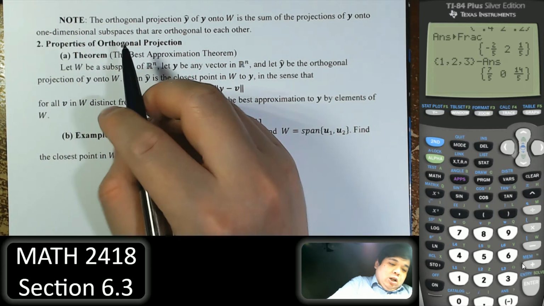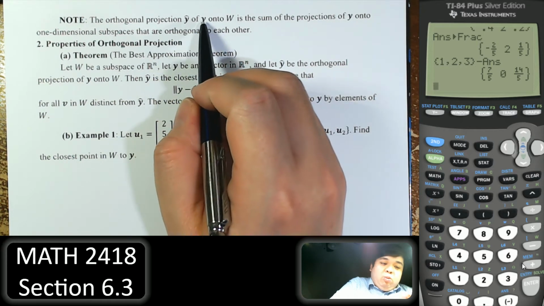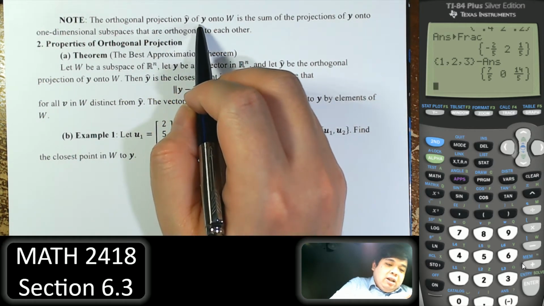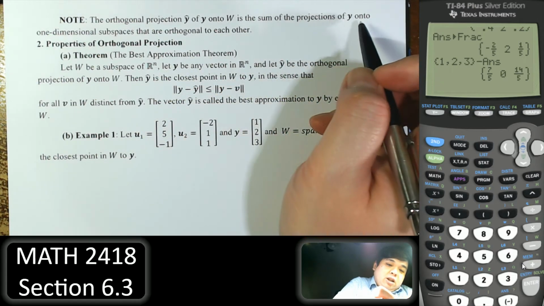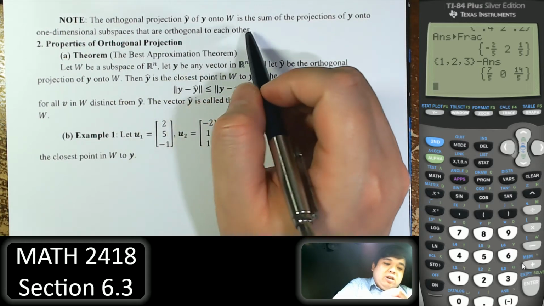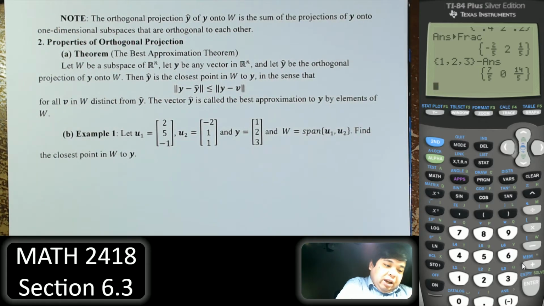Now, the orthogonal projection y hat of y onto W is a sum of projections of y onto one-dimensional subspaces that are orthogonal to each other. So that's exactly what I just said. So the calculation is pretty much just that.